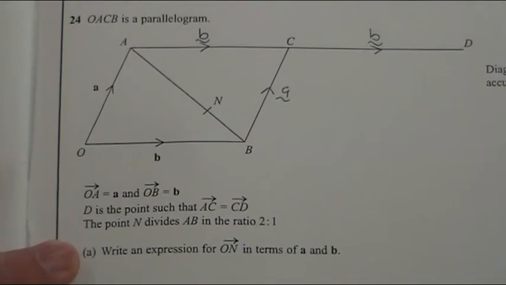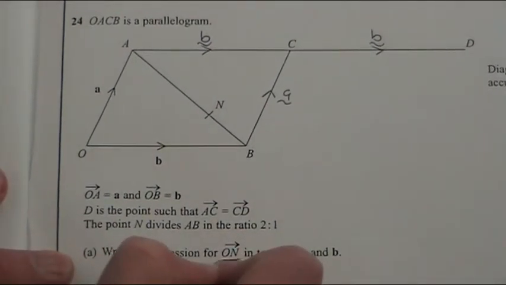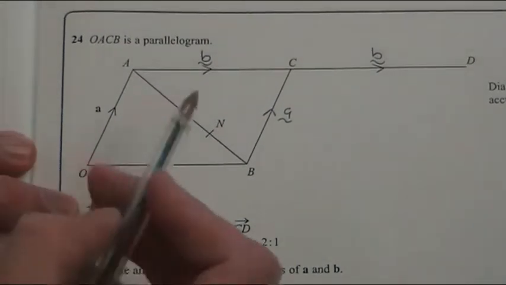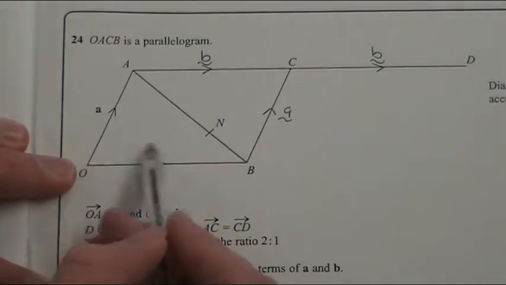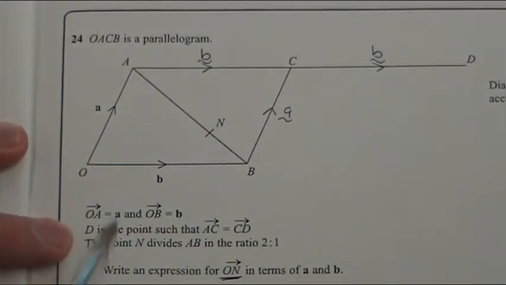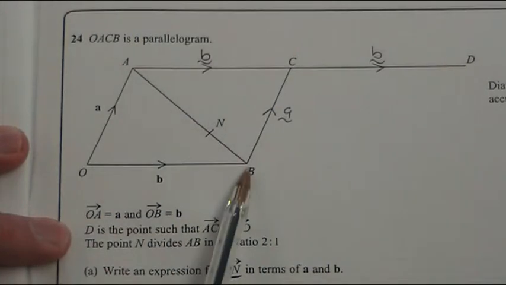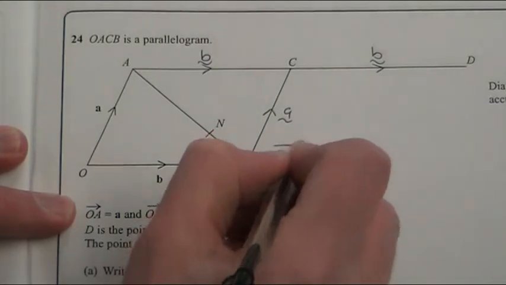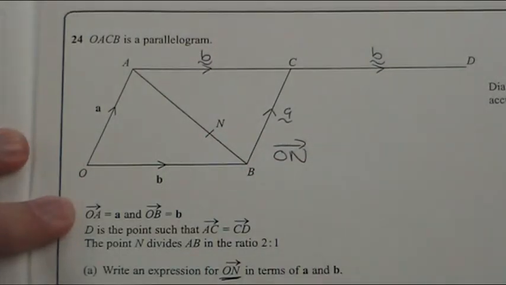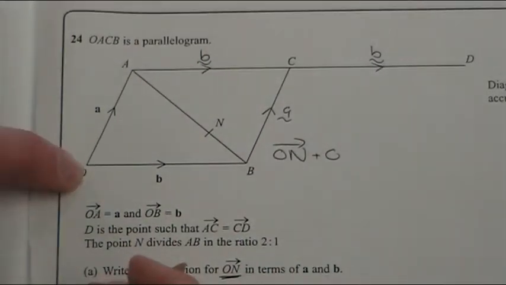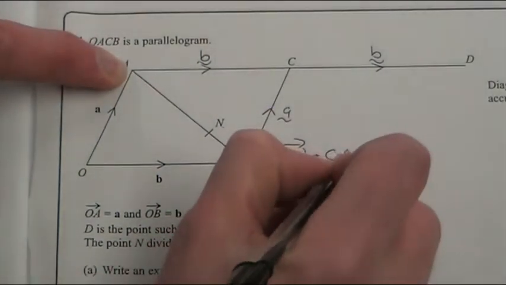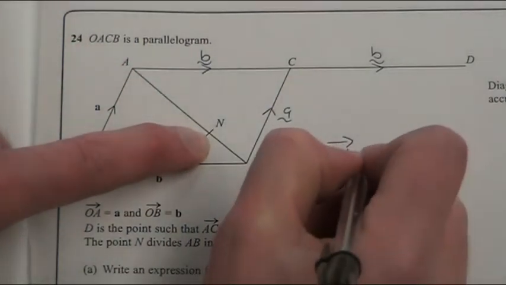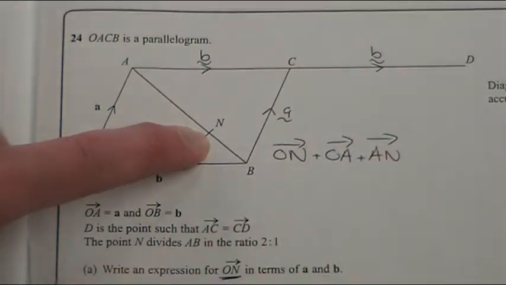So our first question is, write an expression for O to N. Now, we don't have a vector to get there directly, but what we do have is a vector to get from A to B. So what I'm actually going to do is say O to N, to get from here to here, is exactly the same as going from O up to A, and then from A, I'm going to get to N. Now you might be thinking, well, there's no vector here.